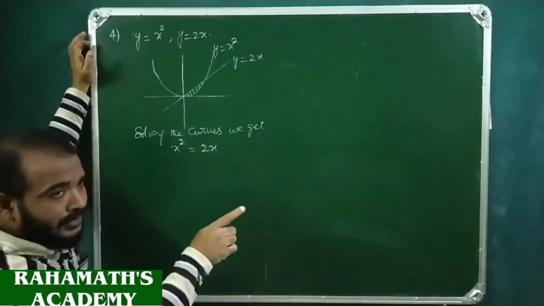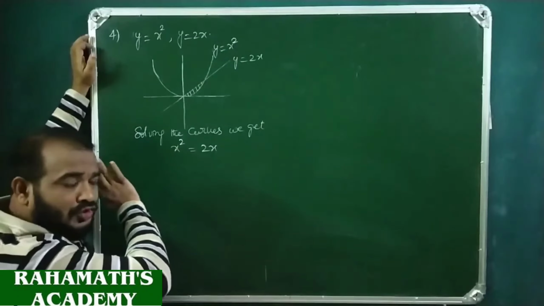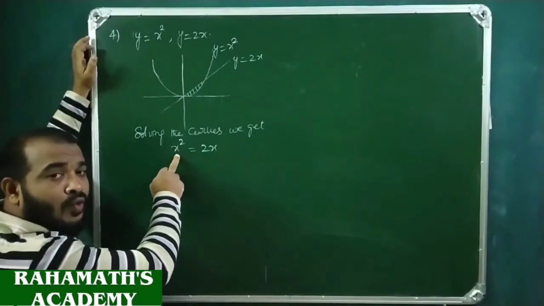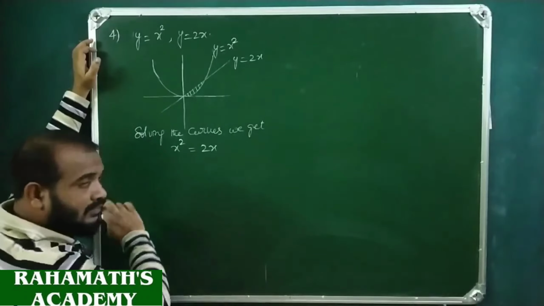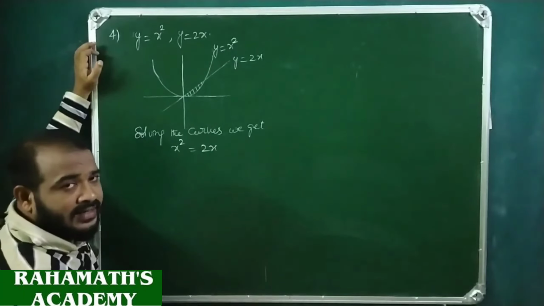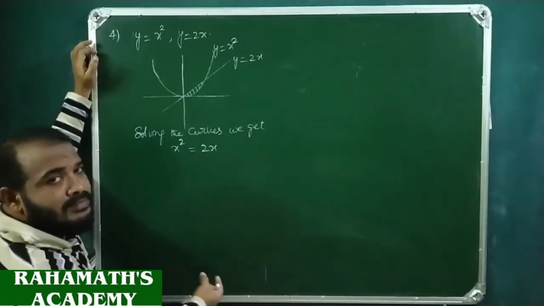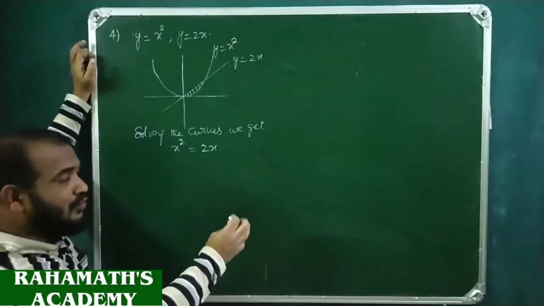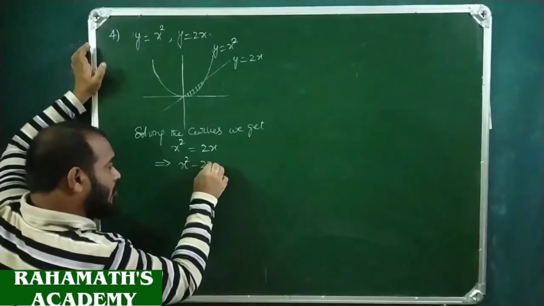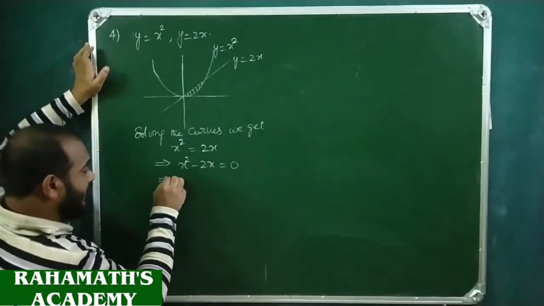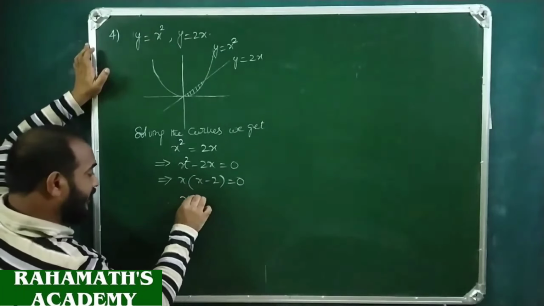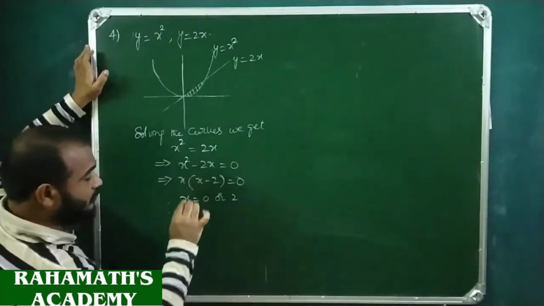Again, I am appealing to you, x and x should not be cancelled, because x square is a quadratic expression, a quadratic equation, so x must have two values. If you cancel, then some values would be missing. Always it is recommended, instead of cancelling, to transpose this onto the other side. So take x as common: x minus 2 equals 0. Therefore, x equals 0 or x equals 2.